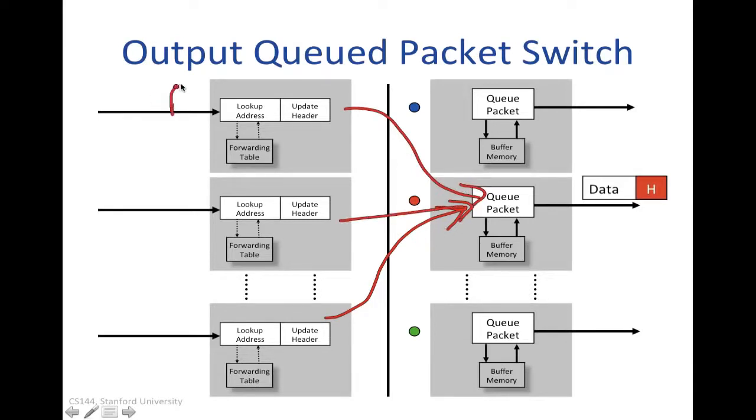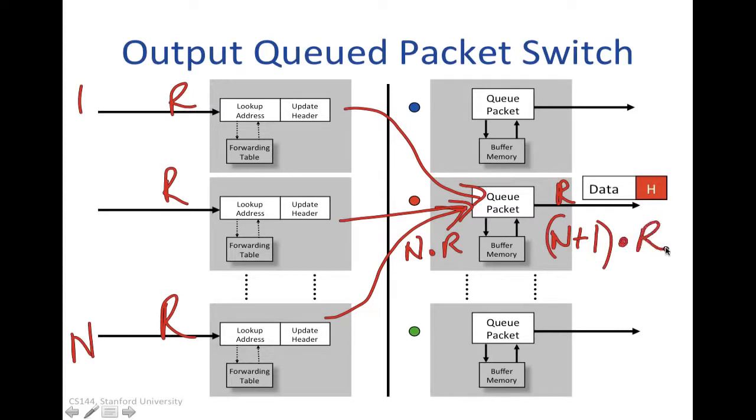So if we have n ports, each running at rate r, then in the worst case, we could actually have a writing rate of n times r into this output queue. Similarly, we always have a reading rate from this queue of rate r. So we say in the output queued switch that this memory must run at an aggregate, a total rate of up to n plus 1 times r.